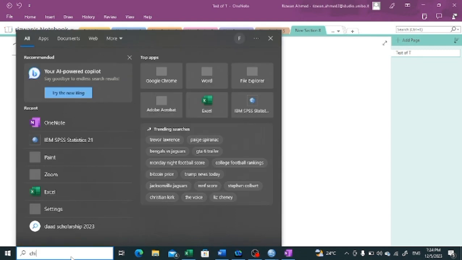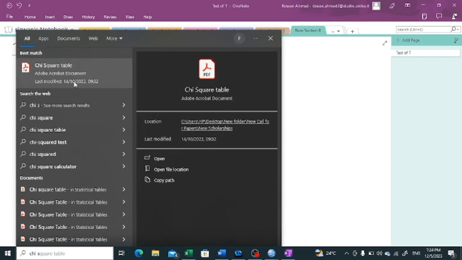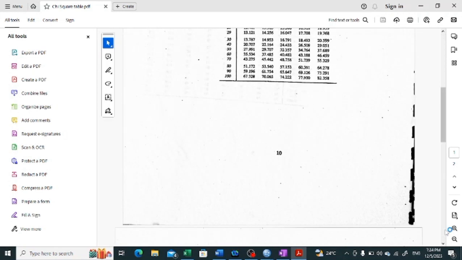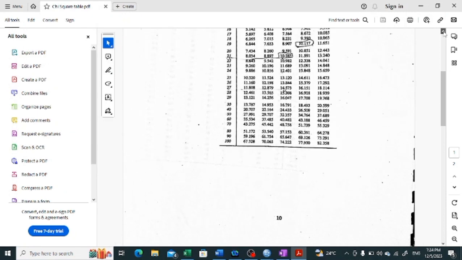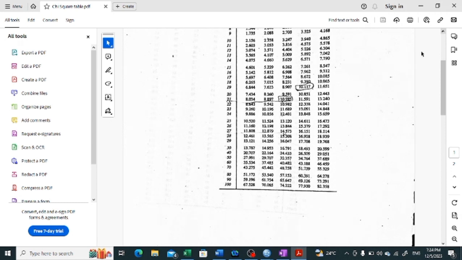Now I will open the chi-square table. It's over here. The degrees of freedom in this data file are n minus 1, that's 100 minus 1, because there are 100 observations involved. So if we go to the chi-square table, the very last row indicates 100 degrees of freedom and the previous one is indicating the values for 90 df.